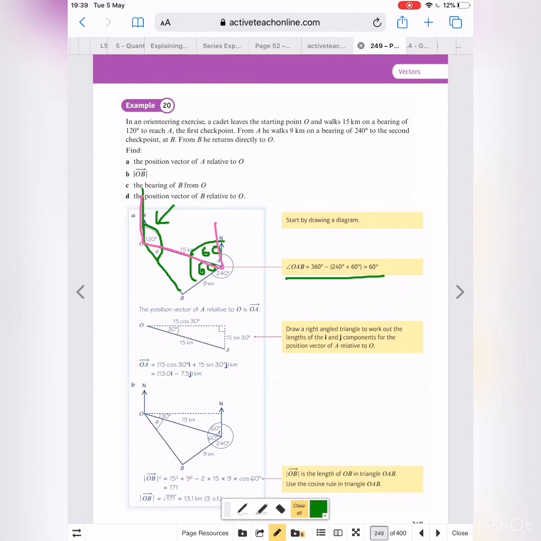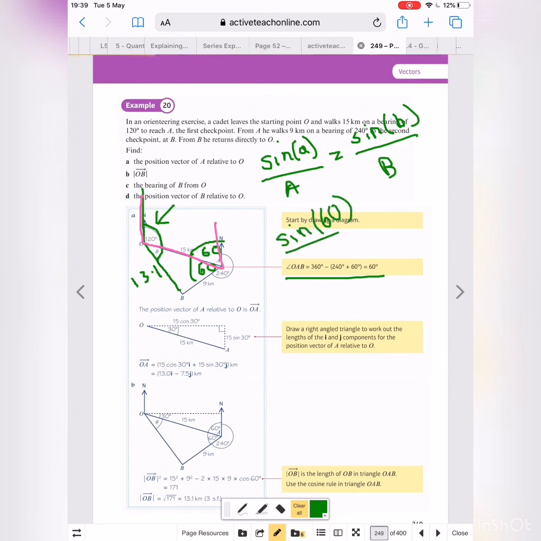Now we know this length along here is 13.1 because we've just worked it out. So then it's simply the sine rule. Remember sine rule, sine A over A equals sine B over B. So then literally you just plug your numbers in. So sine 60 over 13.1 equals sine theta over 9, because remember that's their opposite.